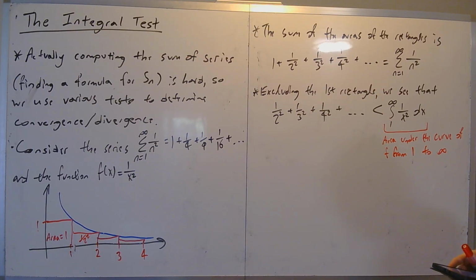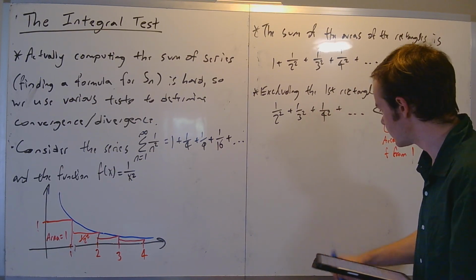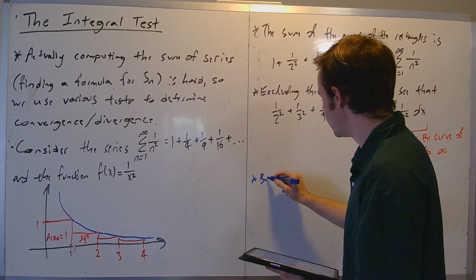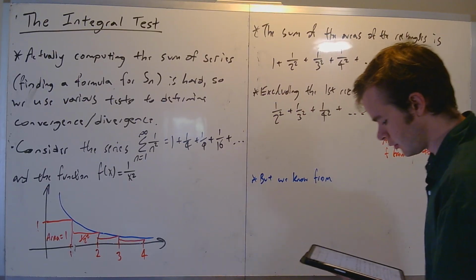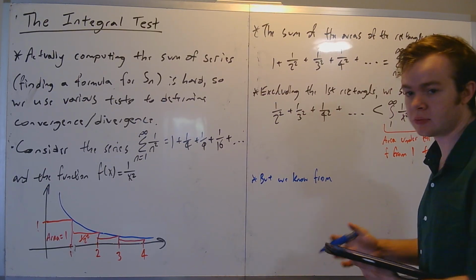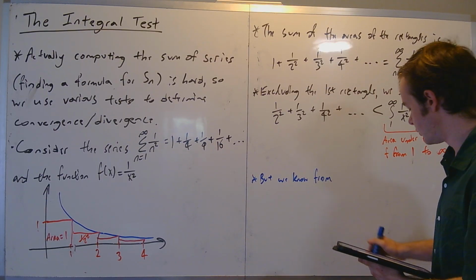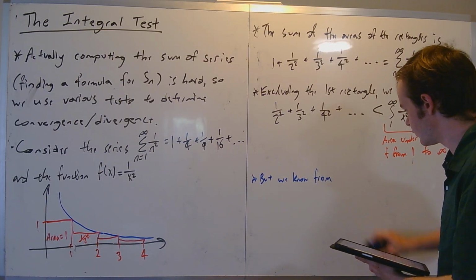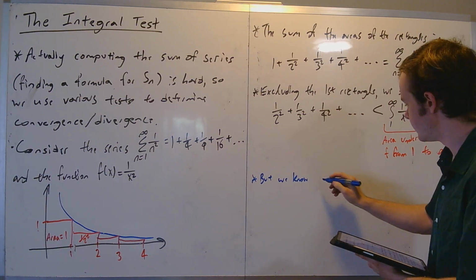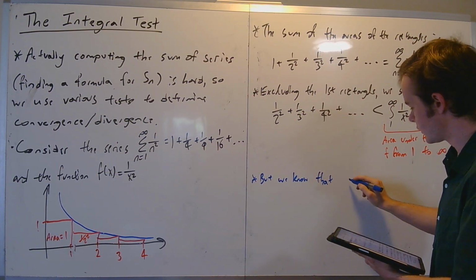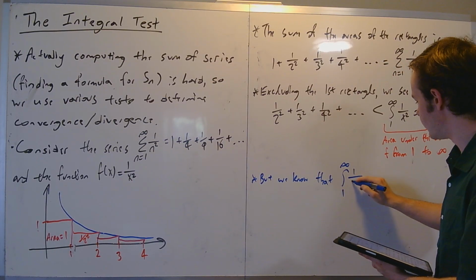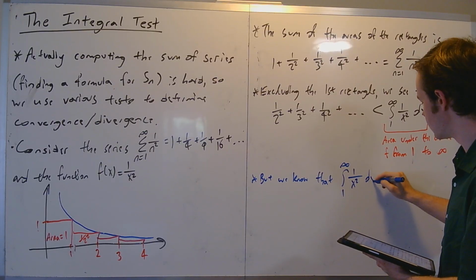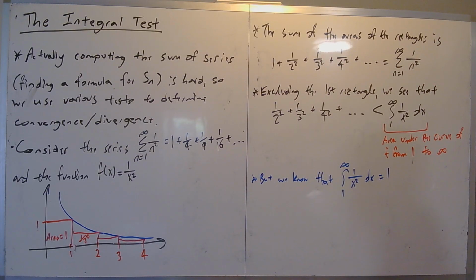But we know from when we talked about improper integrals that the integral from 1 to infinity of 1 over x squared dx is going to be equal to actually 1, right? So we figured that out. So this area is equal to 1.